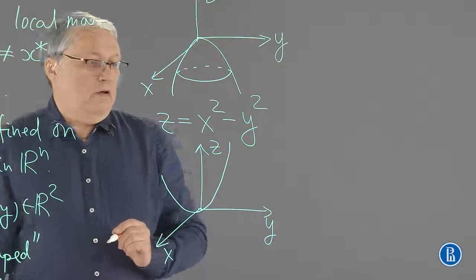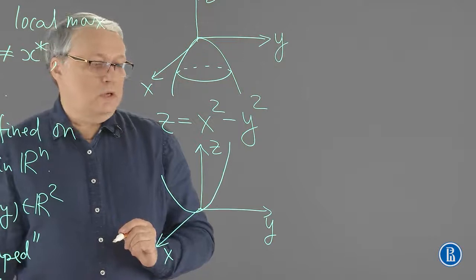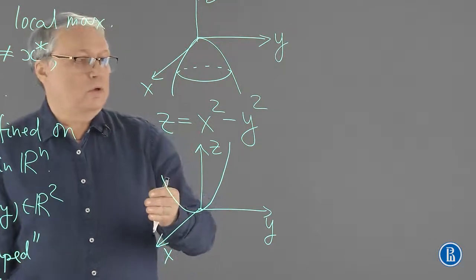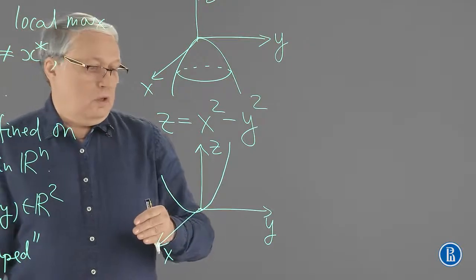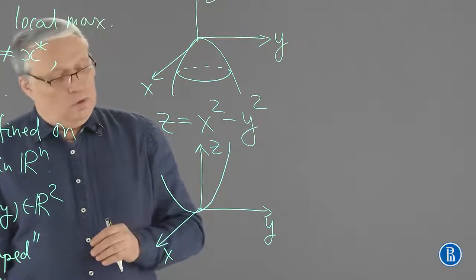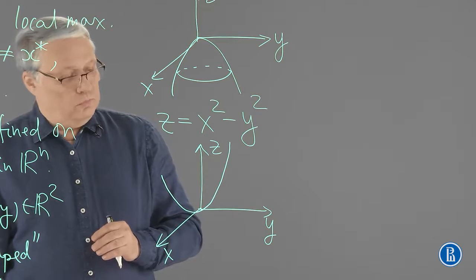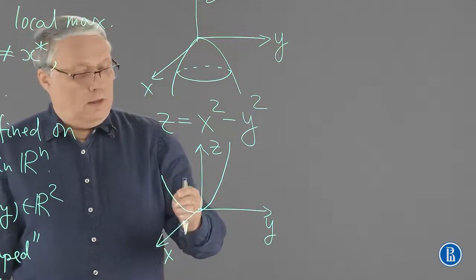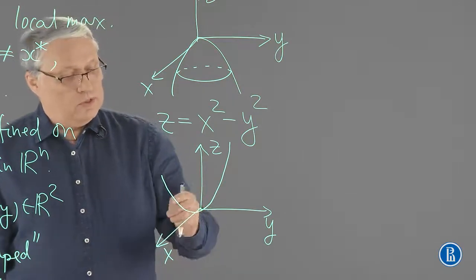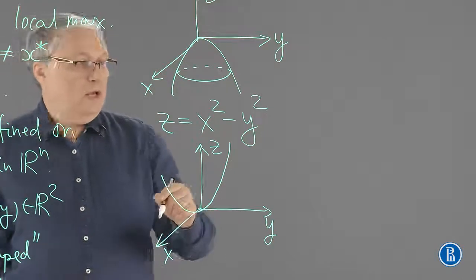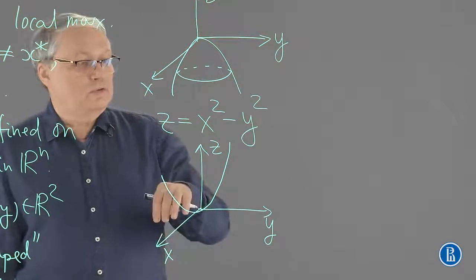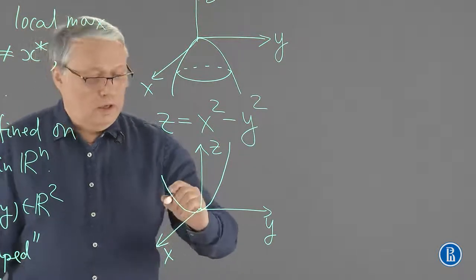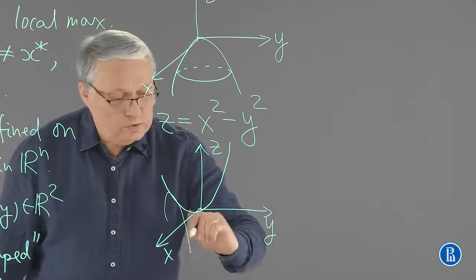But if we start cutting this surface with the vertical planes, which pass through any point on x-axis, then we get a collection of parabolas which face down, and that's how the surface looks like.